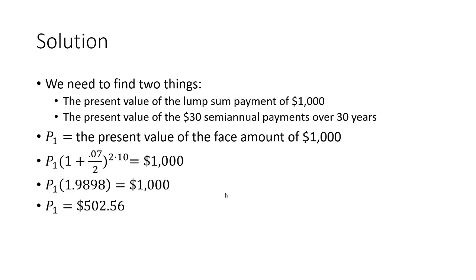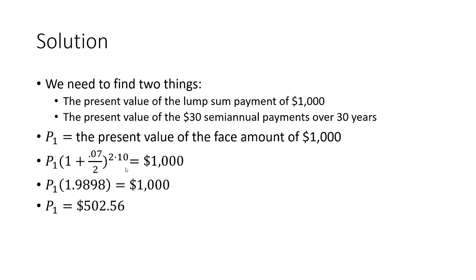We need to find two types of present value. We need to find the present value of the lump sum payment of $1,000, and we need to find the present value of the $30 semi-annual payments over 30 years' time. So the first thing we want to find is the present value of the bond's face amount.